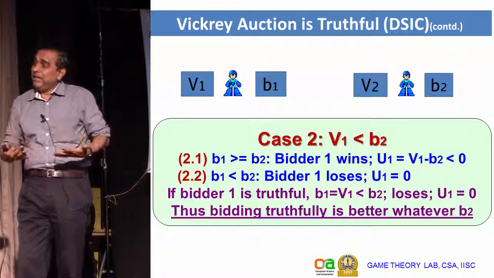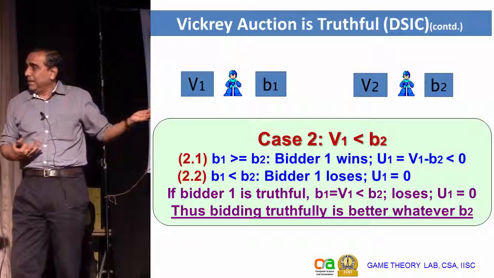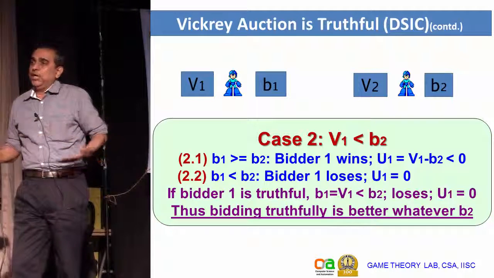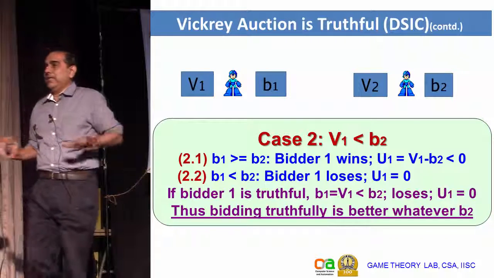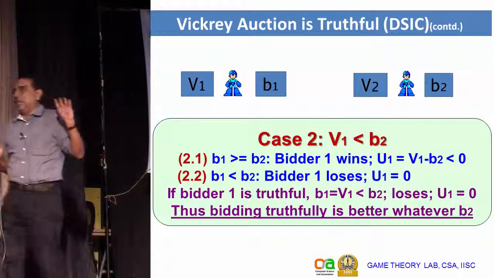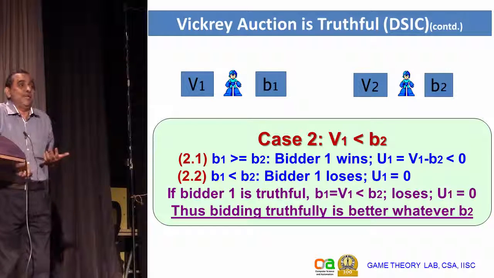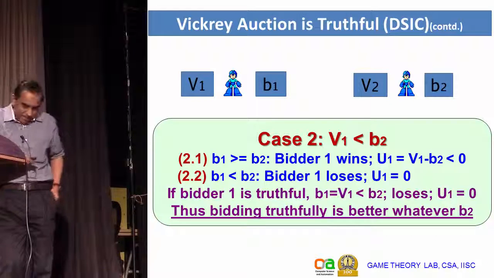This is a much weaker notion of incentive compatibility in game theory, whereas dominant strategy incentive compatibility is very, very strong. You have to just bid your true valuation without worrying about the strategies adopted by the rest of the players, and that's the best that you can hope for in mechanism design. And the Vickrey auction actually achieves this unique characteristic.